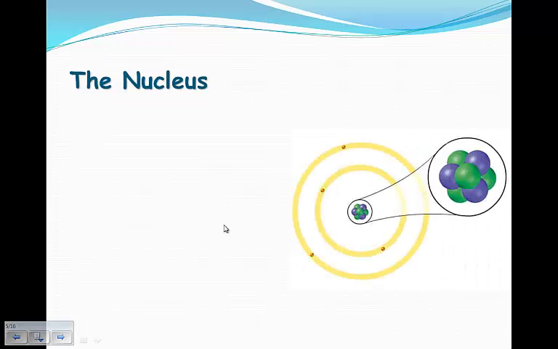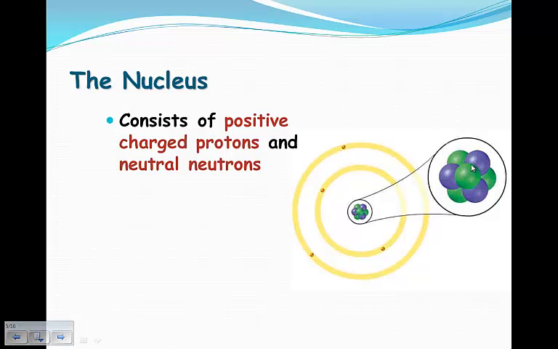So here's our nucleus. In the nucleus, we have positively charged protons and neutral neutrons. Neutrons have no charge; protons have a positive charge. So remember it that way: proton positive, neutron neutral.